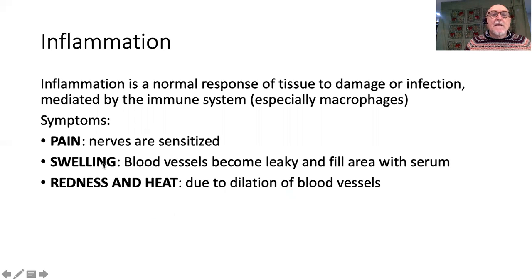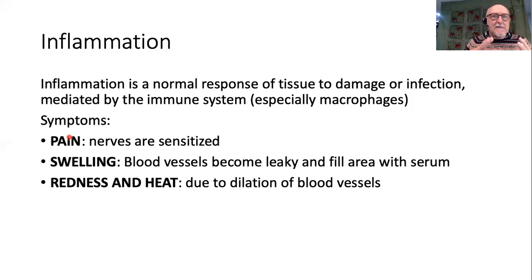The first is pain. That pain is due to the fact, well, first of all, there may be a pain response from pain nerves immediately, but in actual fact, during inflammation, the nerves become even more sensitive.